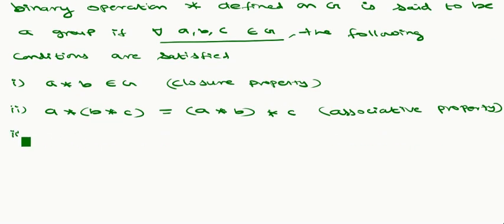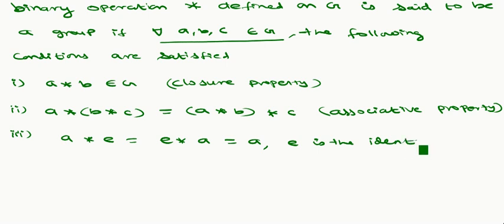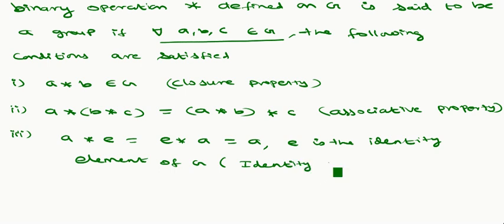The third one: A star E equal to E star A equal to A, satisfied for every A in G. Here we call E the identity element of G, and this property is called the identity property.